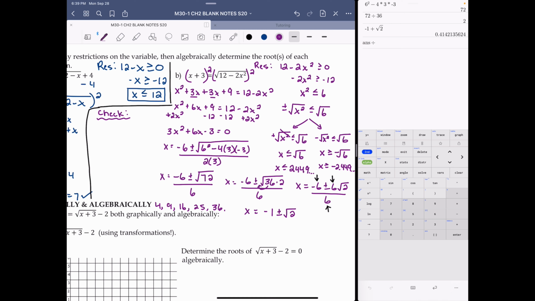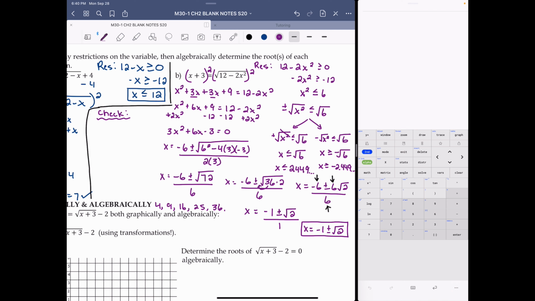I don't need to write that 1 in front of the root 2. And then 6 divided by 6 is 1. I don't need to write this in a fraction anymore because it's just a denominator of 1. So x equals negative 1 plus or minus square root 2 is how I would typically write my final answer. So that is the answer in exact value, fully simplified.